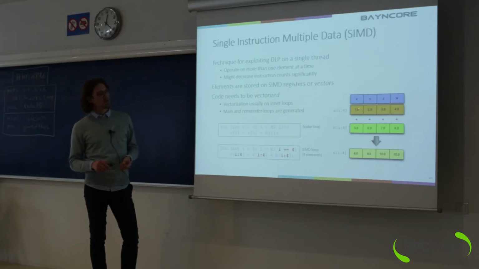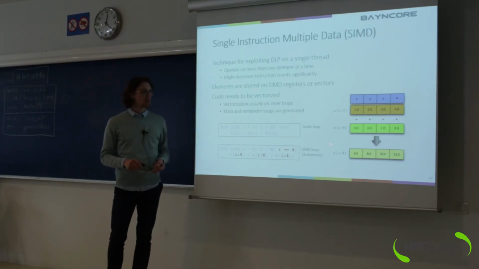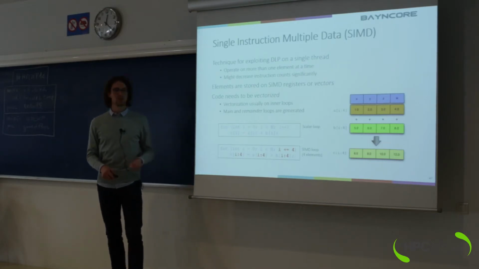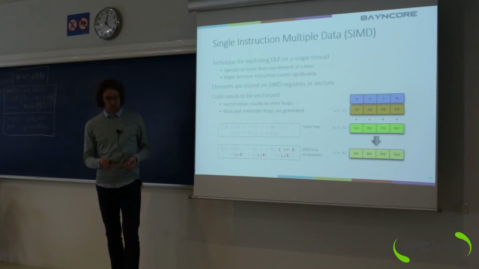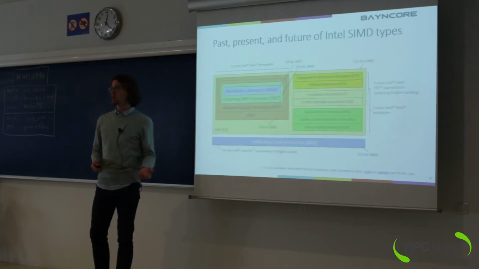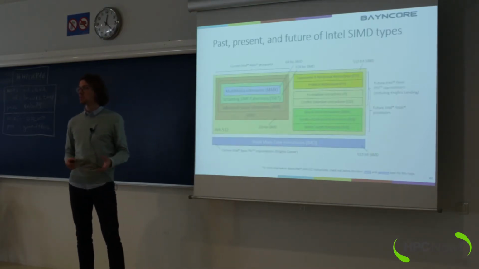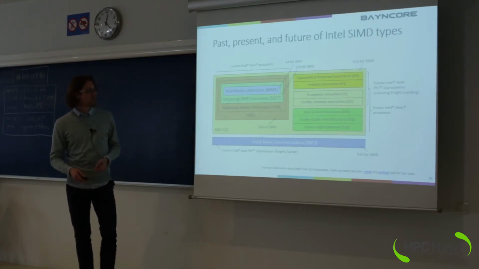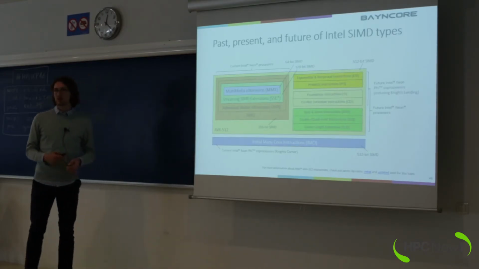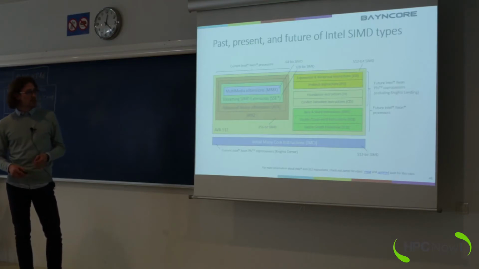If we place our data in these boxes, instead of doing 4 addition operations, we can do it with 1 addition operation at the same time, working on the whole vector. So that's the basic idea. You need to format your data and your code in a way that makes this possible. And if you're using the Intel compilers, they will help you a lot with this as well and tell you what is and what is not done.